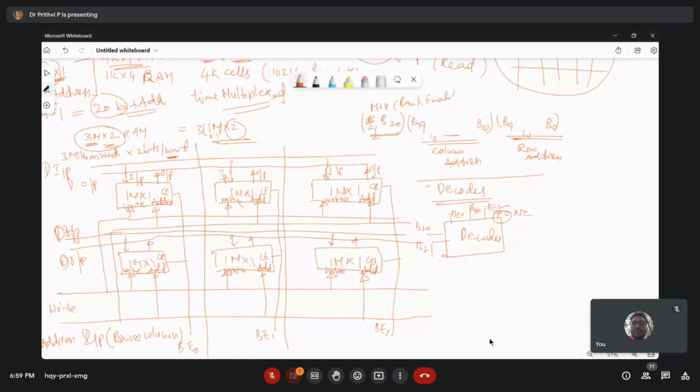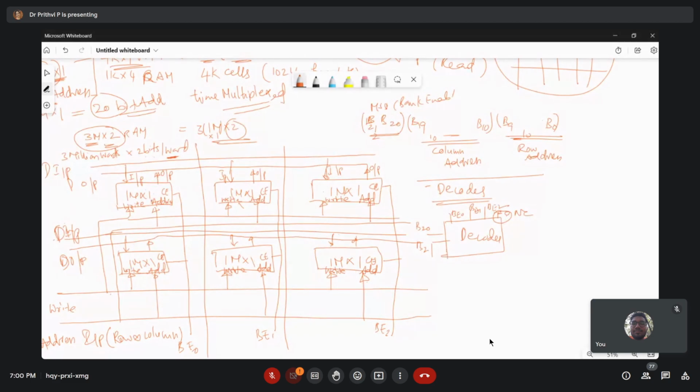These are time multiplexed, because the row and column address will decide which memory location we are trying to access. So this is regarding accessing of RAM.